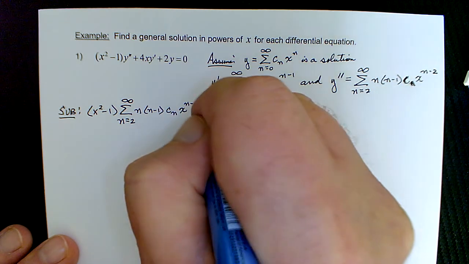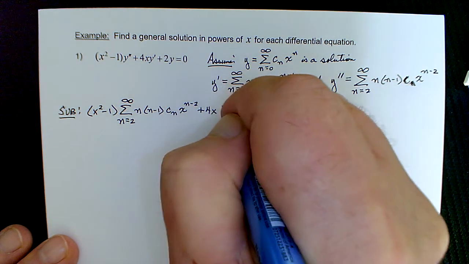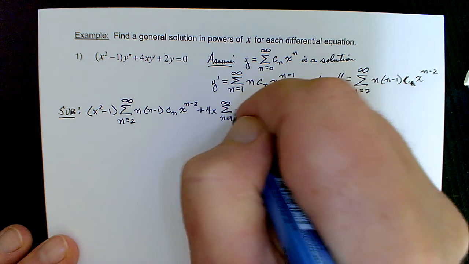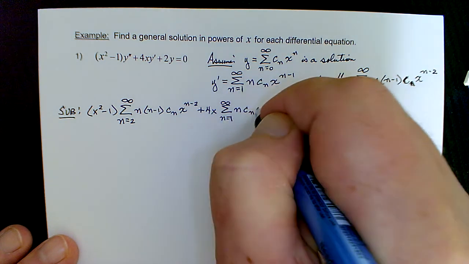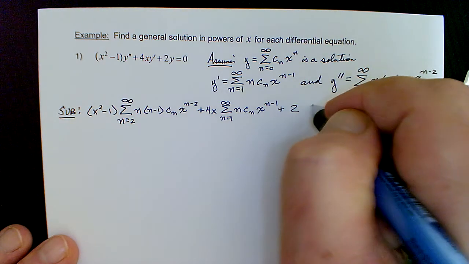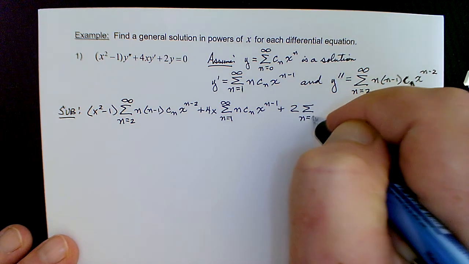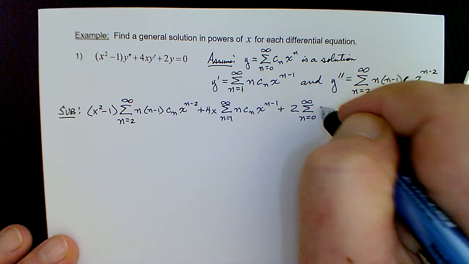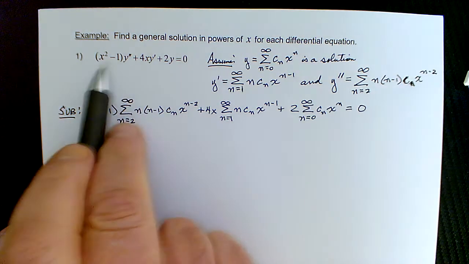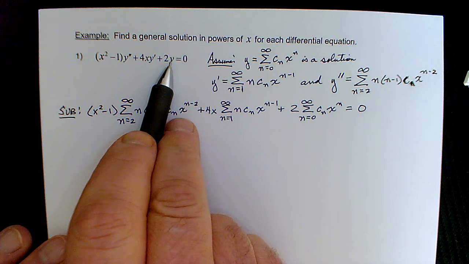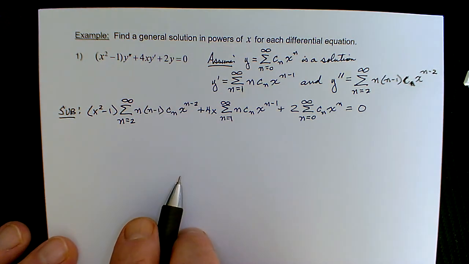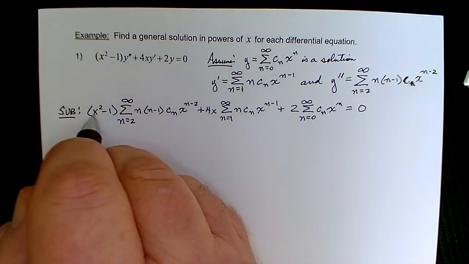And then we have plus 4x times y prime, the sum n goes from 1 to infinity n c sub n x to the n minus 1. And then we have plus 2 times y, the sum as n goes from 0 to infinity of c sub n x to the n. And that has to equal 0. So all we did was substitute y double prime, y prime, and y in terms of the power series into our equation. Okay, now here we're going to distribute the x squared.